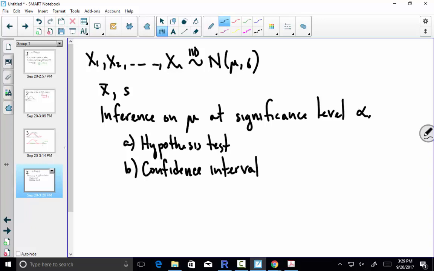Stats 101 would tell you that a 1 minus alpha times 100% confidence interval for mu is the sample mean plus or minus what's called a critical value, which is basically a boundary. How far out in the null sampling distribution do you have to go before you're in that alpha range?